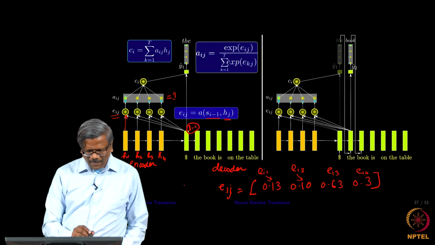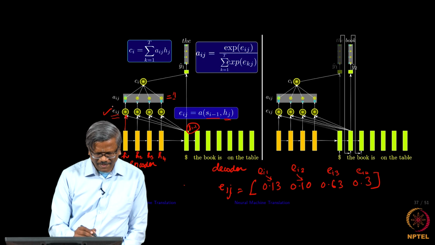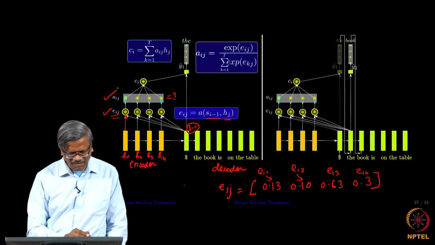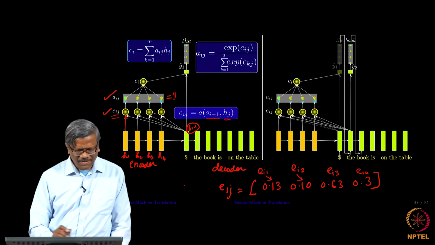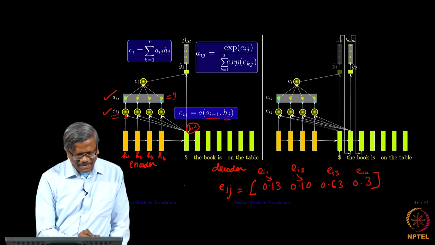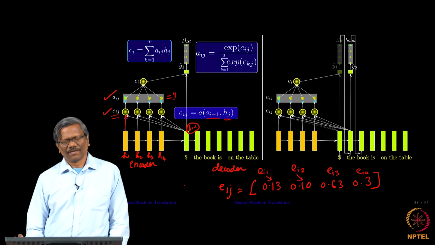Okay. So we found how to get this Eij. We now know how to compute Aij, which is a softmax of all the values coming in from the Eij values, and then we compute the weighted sum of all these Aij values and provide a context vector.